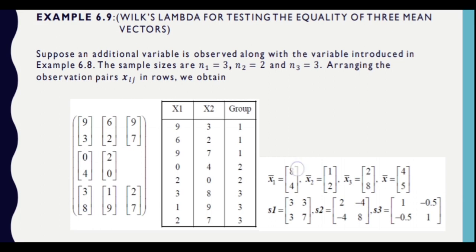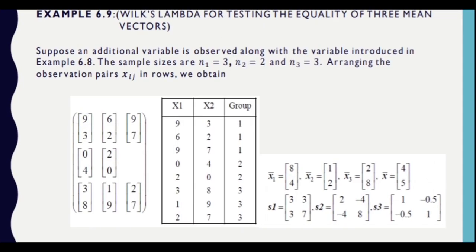How do you get 8 here? 8 means the mean for the first variable in the first population. How do you get 8? 9 plus 6 plus 9 divided by 3, you will get 8. How do you get 4? 3 plus 2 plus 7, you will get 4.